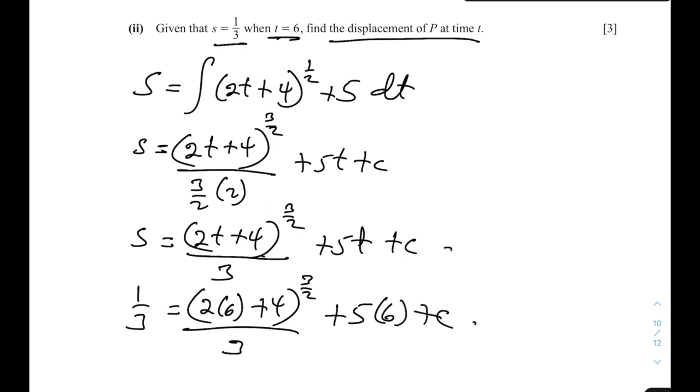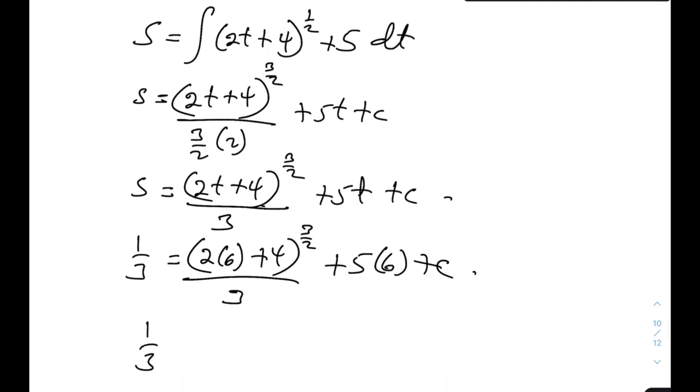So what I'll do is I'll put that whole thing on the calculator. That's 2 into (6 plus 4) to the power 3 over 2, all over 3, plus 30, right? And that is going to give me 1/3 is equal to 154 over 3 plus c.